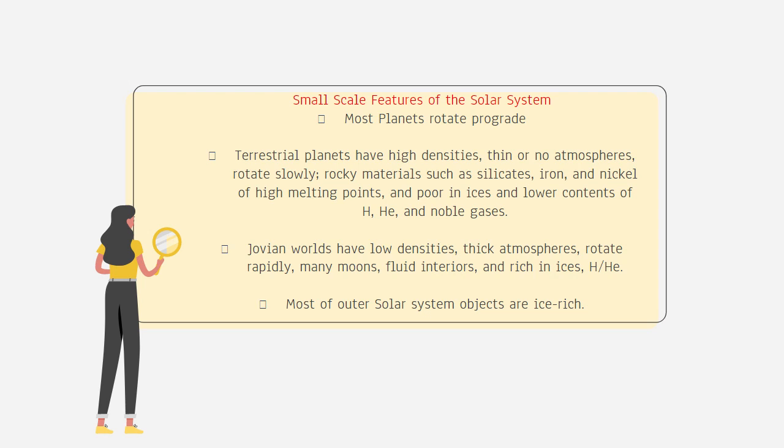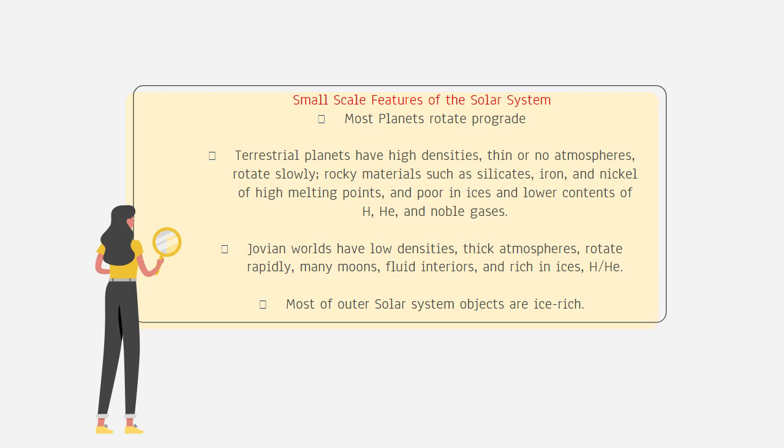And the Jovian worlds have low density, thick atmosphere, rotate rapidly, have many moons, fluid interiors, and are rich in ices. Most of the outer solar system objects are ice rich.